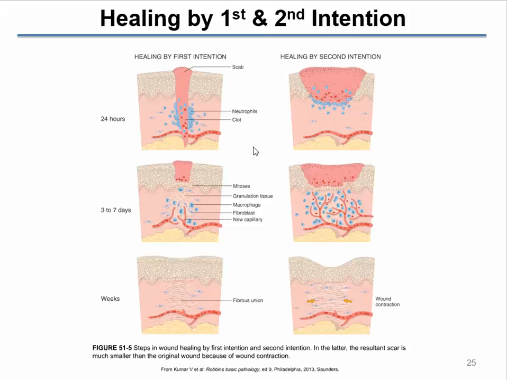You get stitches, and what happens is the edges of the wound are brought together, either naturally by the action of the contraction of platelets in the wound, or by stitches, by sutures. Initially, there's hemorrhage. The wound gets filled with blood. It seals the wound so that you don't lose fluids out the wound. You don't let infections in.